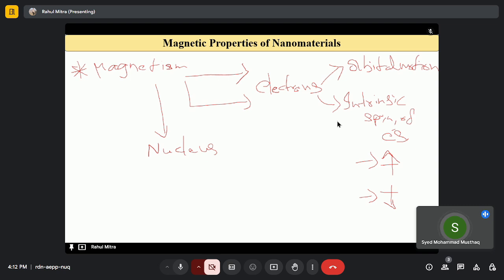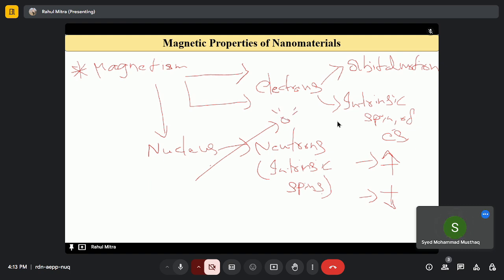The last one is the nucleus part. It arises from neutrons, and again, intrinsic spins. This part from the nucleus is very negligible, so it goes down to 0, at least at room temperature.